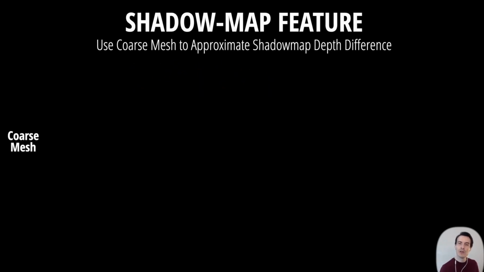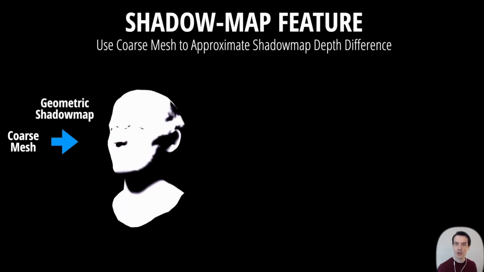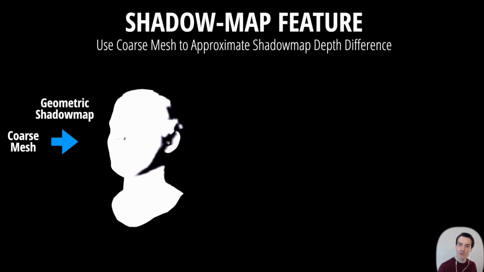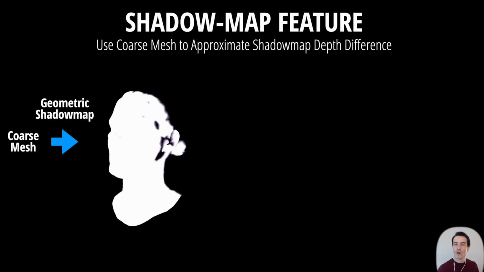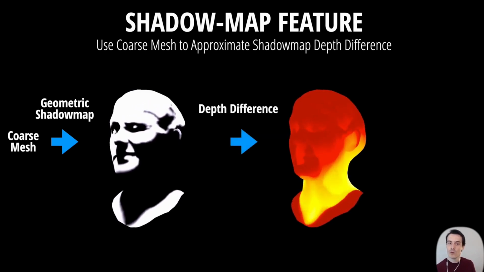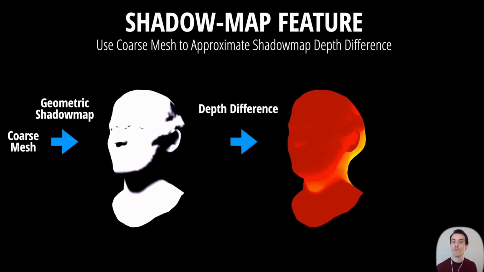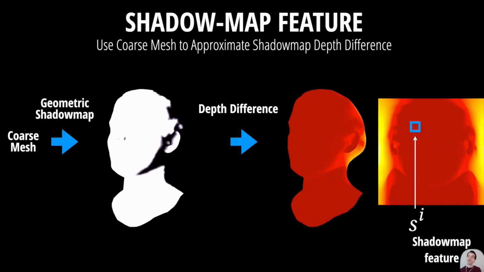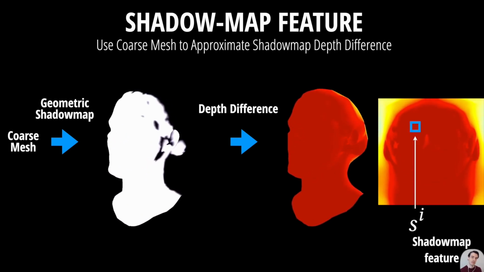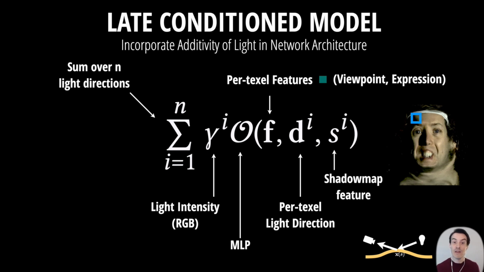So this is similar to computing a geometric shadow using the coarse mesh, but because we know the mesh is not perfect, instead of doing this, we compute the depth difference that would be used to compute the shadow map. And then we use this as the shadow map feature at each texel. And then the MLP can learn to use this feature.